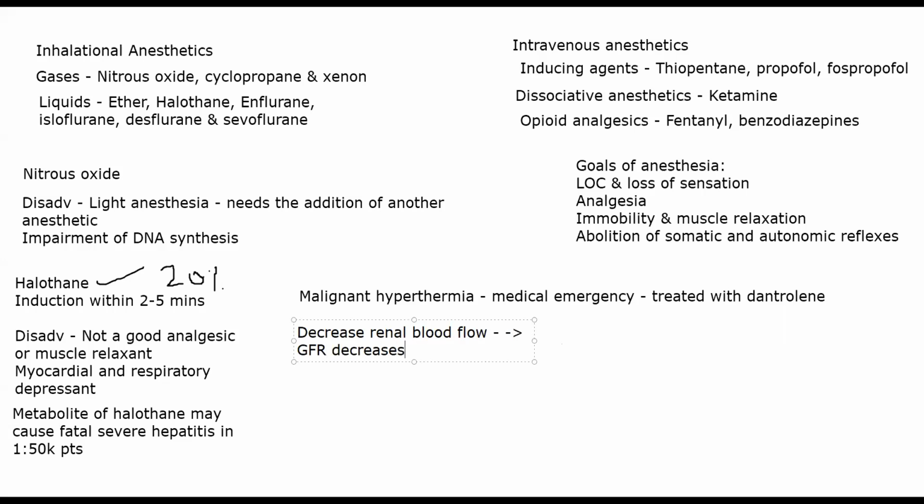So it is not to be used in patients who have kidney disorders. Now, analgesics and muscle relaxants should be given along with halothane, because as I told you, it is not a good analgesic and it is not a good muscle relaxant. So you will have to give an external analgesic and an external muscle relaxant, either as pre-anesthetics or along with this anesthetic. Right, so we'll end it here.